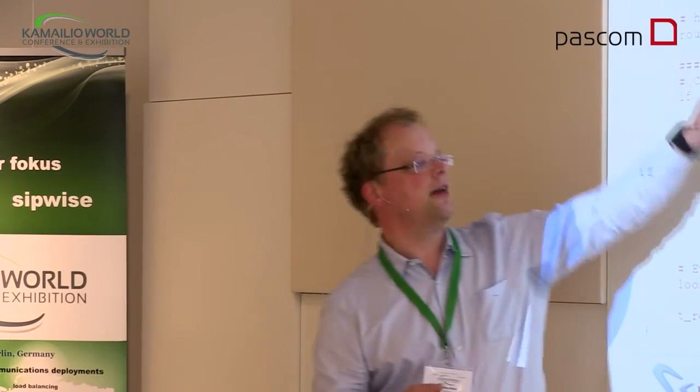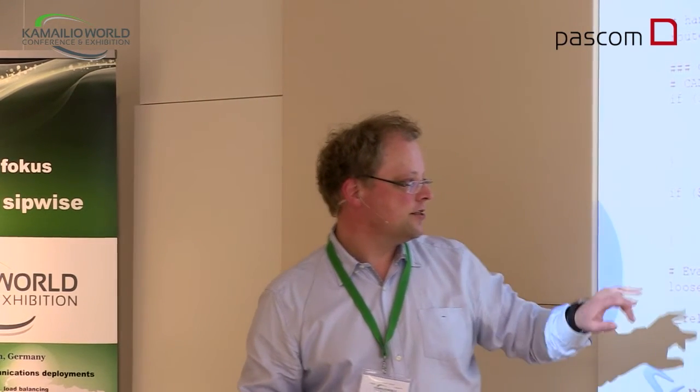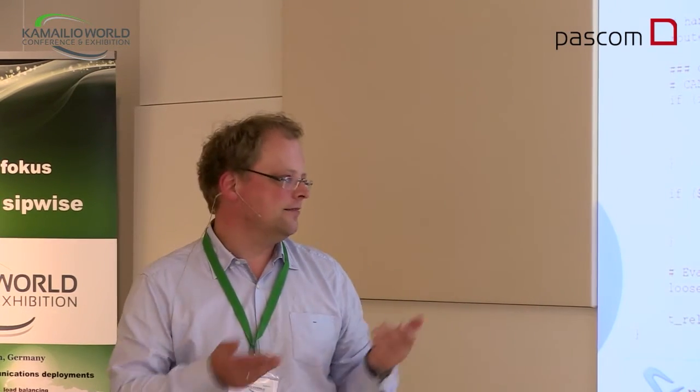And of course, we need to handle requests that are within a dialog, but maybe even not, because we're not even doing loose routing on this machine. So all our application is doing here is checking the request URI. If it's starting with a 0, then we strip the 0 and prefix 49. It was the simplest thing that I could imagine doing on an application server.